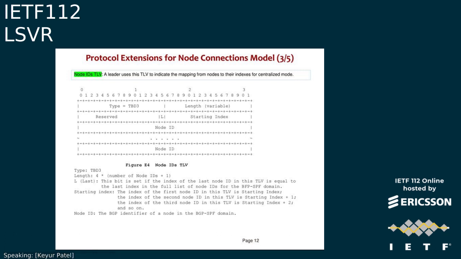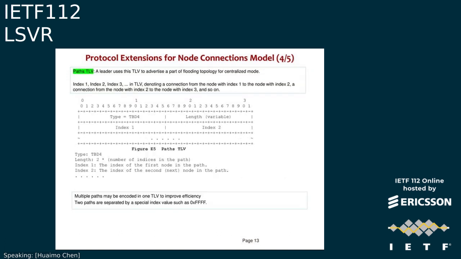The leader node will send this node mapping to every node in the network. Next page. So, path TLVs. The path TLV contains index 1, index 2, index 3. Each index is associated with a node.